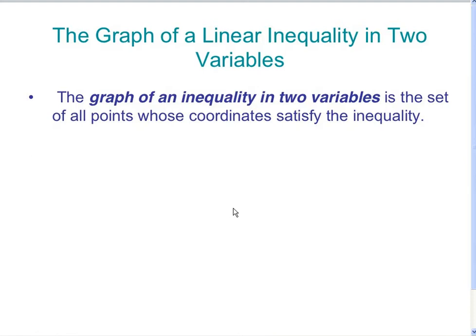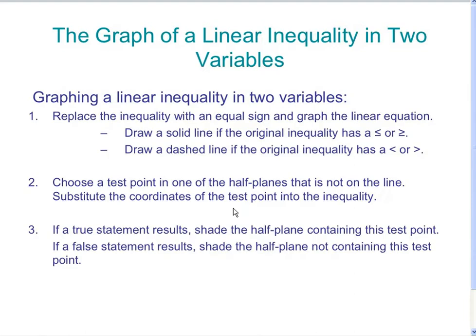The graph of an inequality is the set of all points whose coordinates satisfy the inequality. Again, nothing new. To graph an inequality, the first thing you're going to do is replace the inequality with an equal sign, at least temporarily.